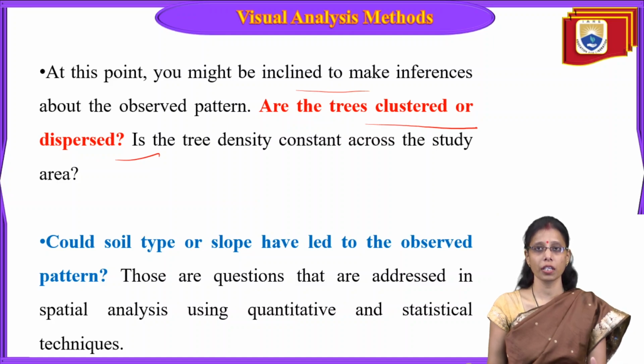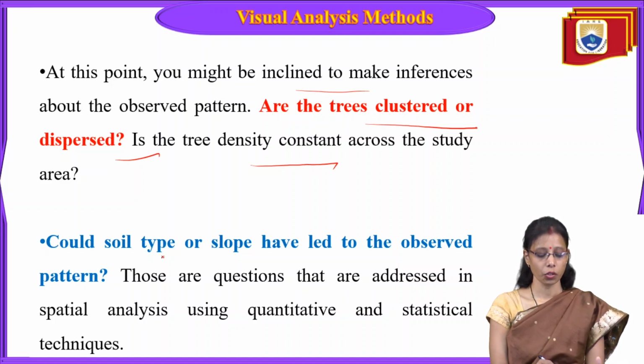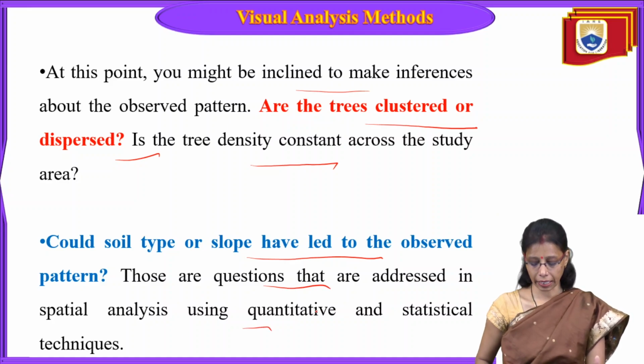Is the tree density constant across the study area? These are some questions we can put to the software when we go with spatial analysis, when you have spatial data and non-spatial data combined together. Could soil type or slope have led to the observed pattern? Those are the questions addressed in spatial analysis using quantitative and statistical techniques.